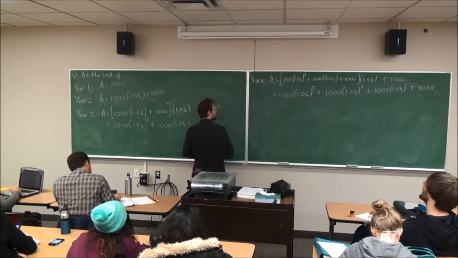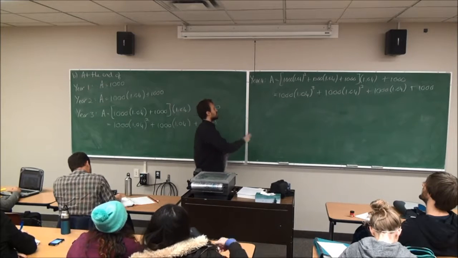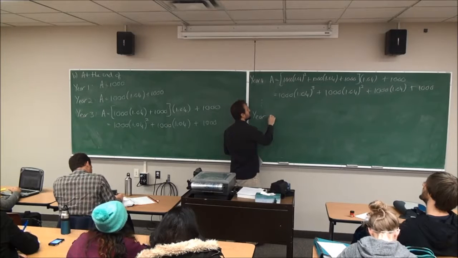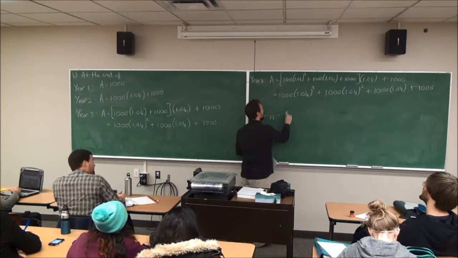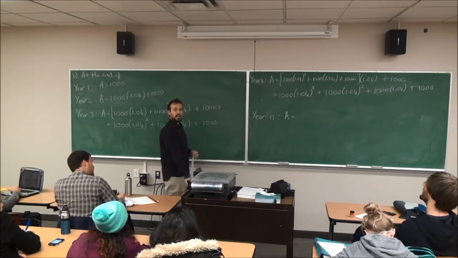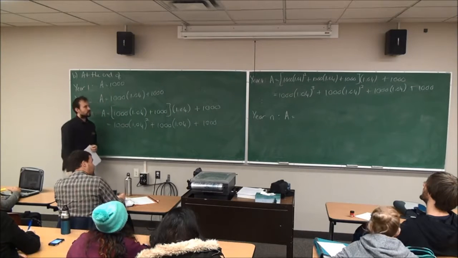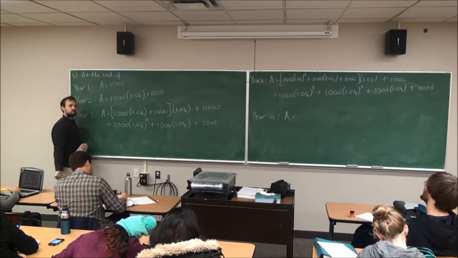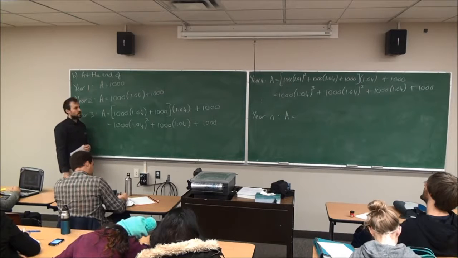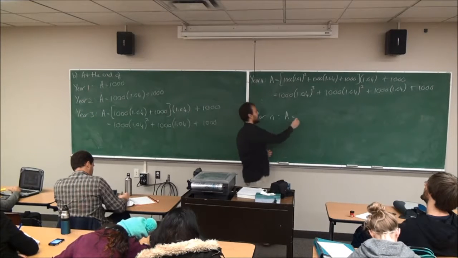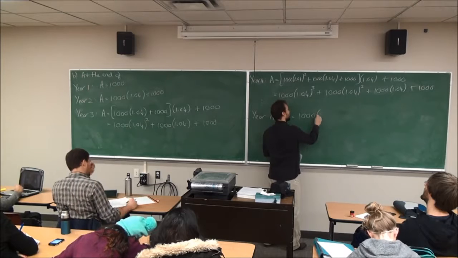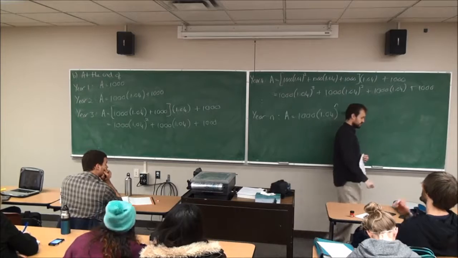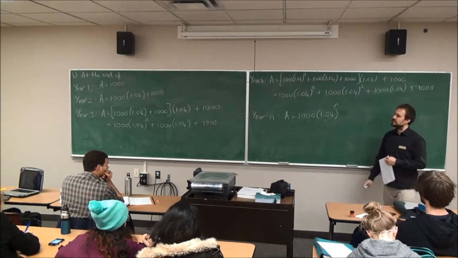Now, let's see, what is the pattern here? If I follow this to a general year end, what does it look like? For any year number, how does the pattern continue? And what is the first one here? 1,000 times 1.04 to the... is it an n? Wait, minus. Well, look at the pattern.